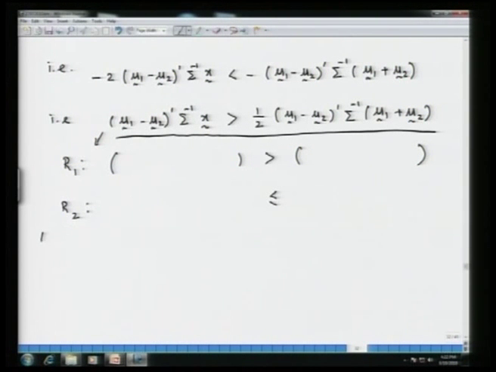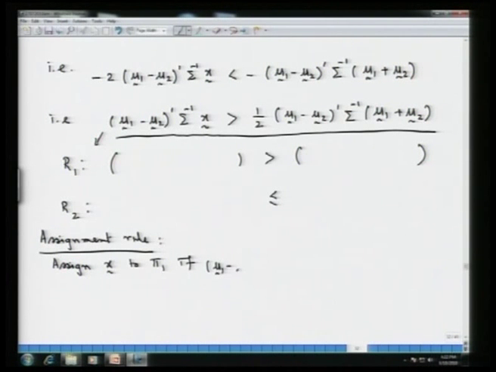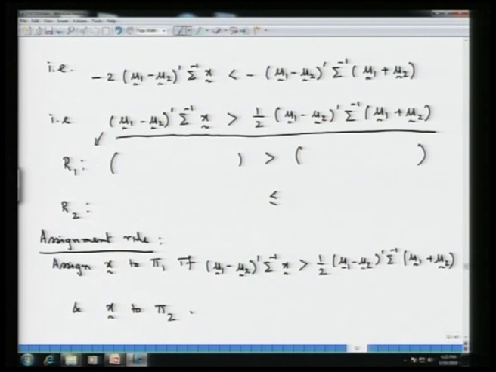So, the assignment rule or allocation rule is the following: assign the random vector x to pi 1 if we have mu 1 minus mu 2 transpose sigma inverse x greater than half mu 1 minus mu 2 transpose sigma inverse mu 1 plus mu 2, and x to pi 2 if x belongs to R2, that is, if this is less than or equal to this.